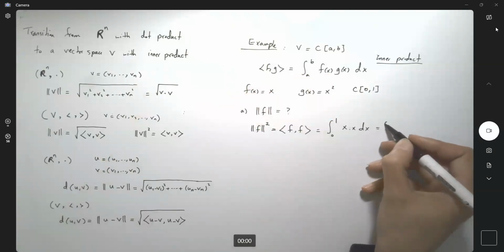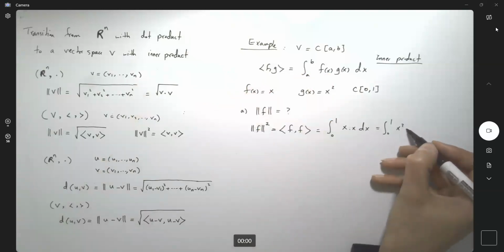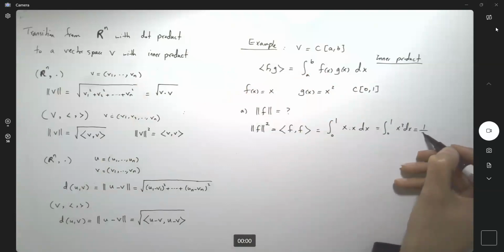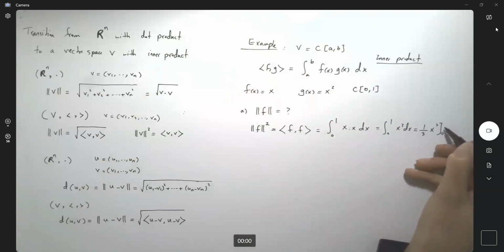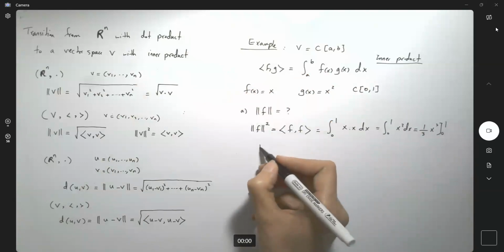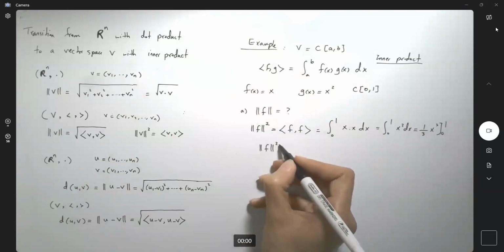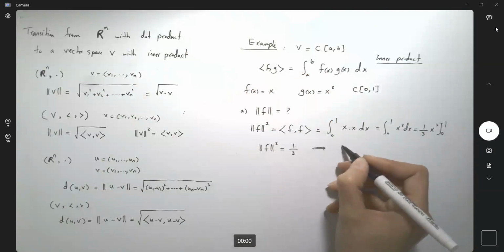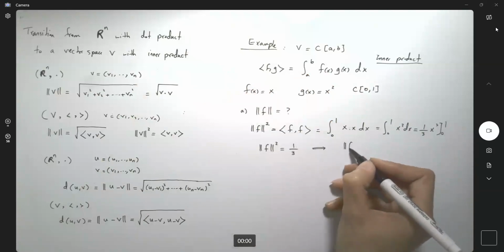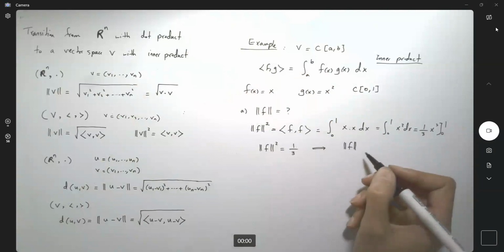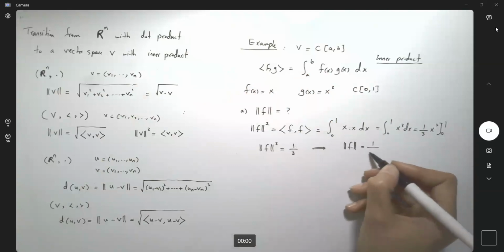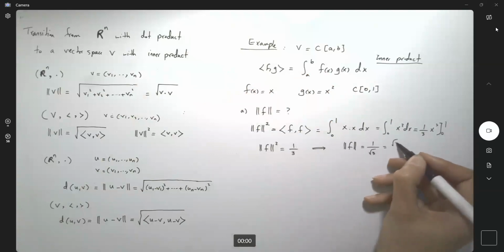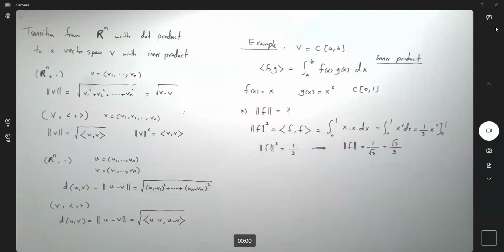This gives me the integral from 0 to 1 of x squared dx, which is one third x cubed between 0 and 1, so the magnitude to the second power is 1 over 3. If I take the square root of both sides, the magnitude or length or norm of f is 1 over the square root of 3, or square root of 3 divided by 3.